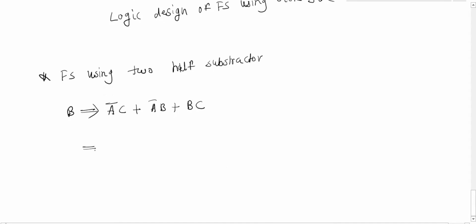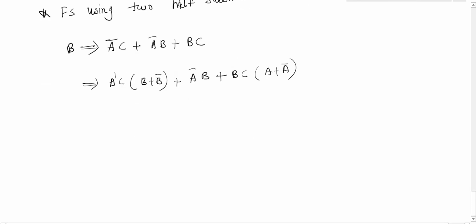Now A bar C I can multiply with B plus B bar, A bar B I'm going to keep as it is, and BC I'm going to multiply with A plus A bar.